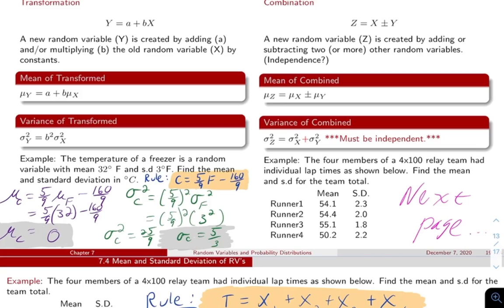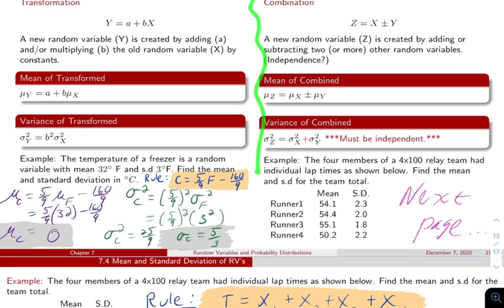So back to the Celsius and Fahrenheit example, if I know that this is the rule, and if I know my Fahrenheit spread is 3, I can plug it into b squared times standard deviation squared. That gives me the new variance right here, and then the new standard deviation is just the square root of that. Okay, you'll get plenty of practice doing that, but what happens is addition affects the mean, multiplication affects the mean. Addition does not affect the spread, multiplication does affect the spread.